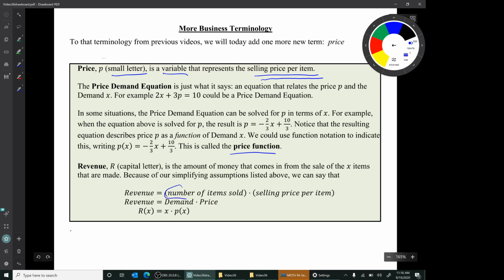Well, you get it by noting the number of items that were sold and multiplying that by the selling price per item. So in other words, demand times price. So x times p. Well, if p is a function of x, the revenue function would be x times p of x. So that would be how we would build the revenue function.